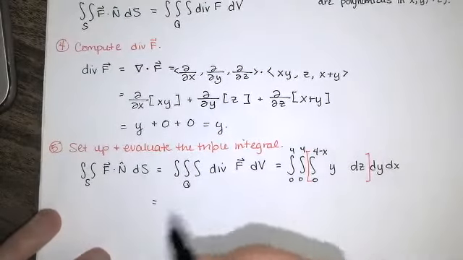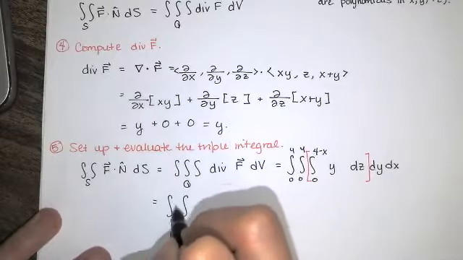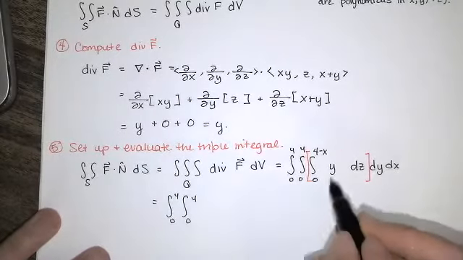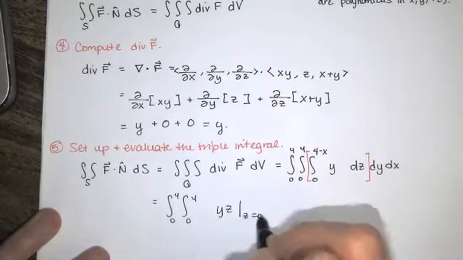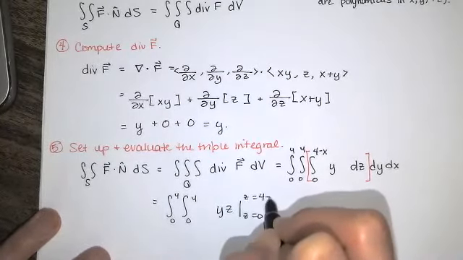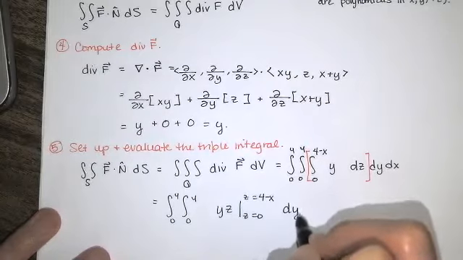Y is constant with respect to z. The antiderivative of a constant with respect to z is that constant times z. Then you evaluate at z equals 0 and z equals 4 minus x, and then you subtract.